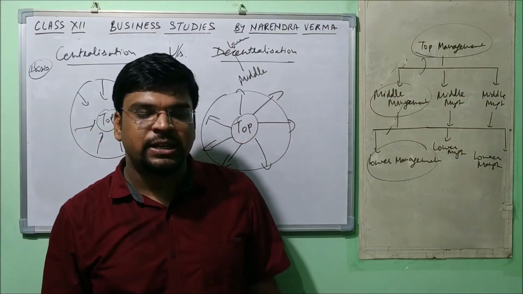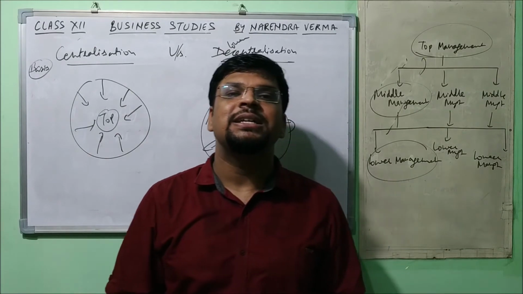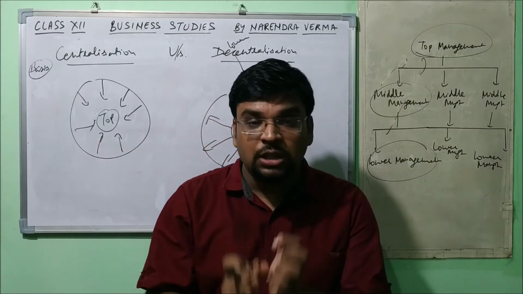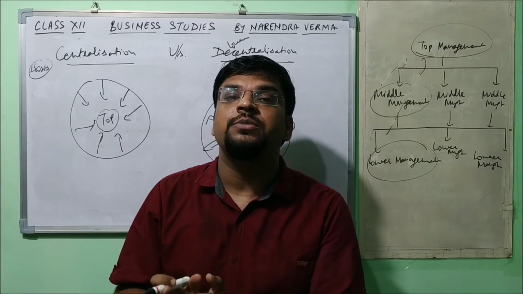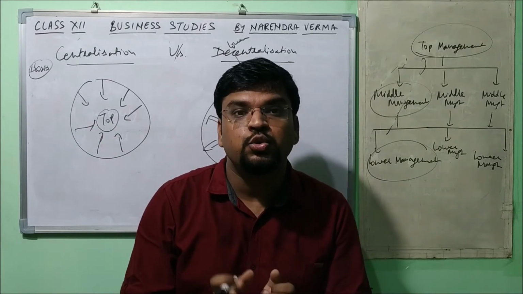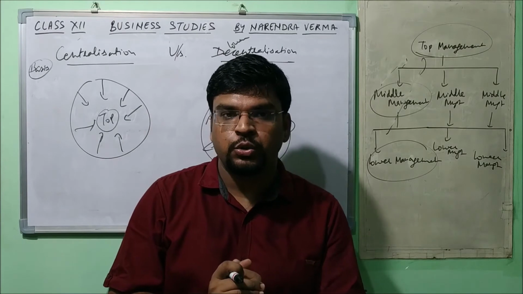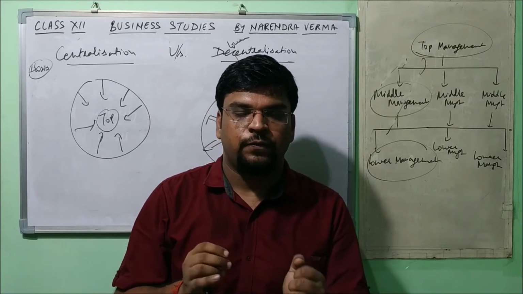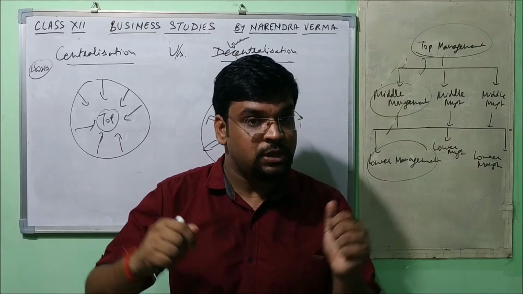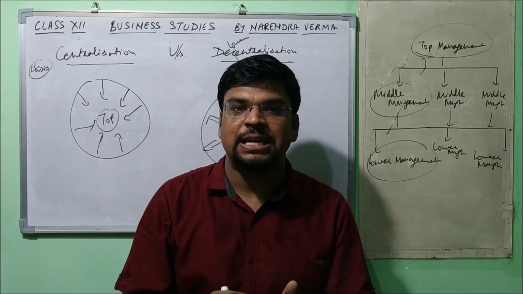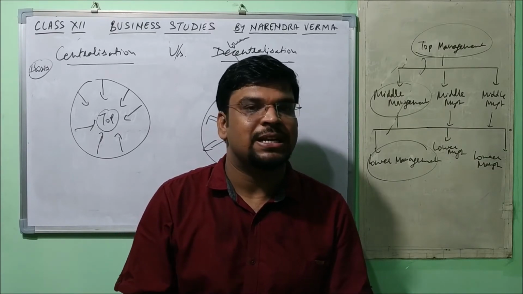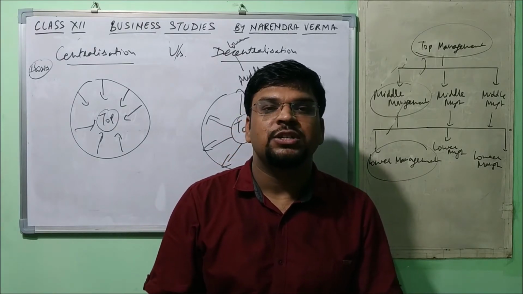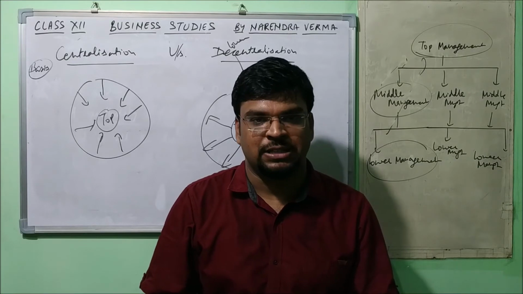Both terms refer to the extent to which authority of decision making is passed to lower levels. If everything is in the hand of top level management, that is centralization. And when all the powers are distributed, that is known as decentralization.